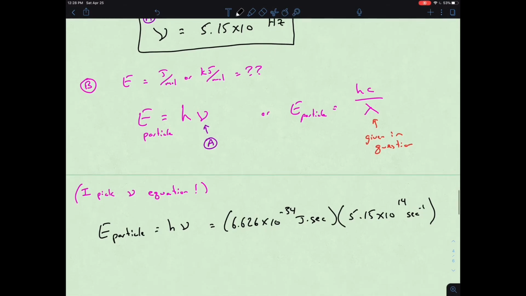And really we're left with this joule unit. Meaning that we're just really looking at one particle with this particular frequency, this particular wavelength. And we end up with a value of 3.41 times 10 to the negative 19th joules per photon, right?